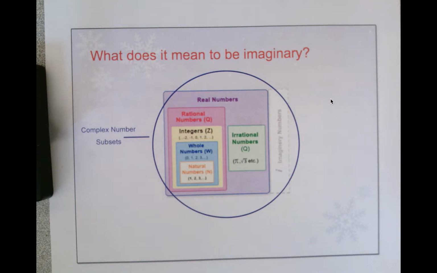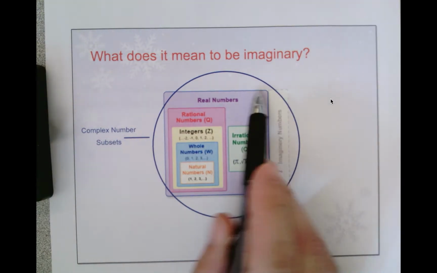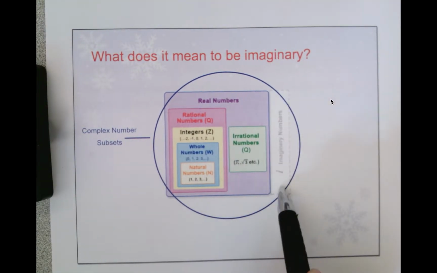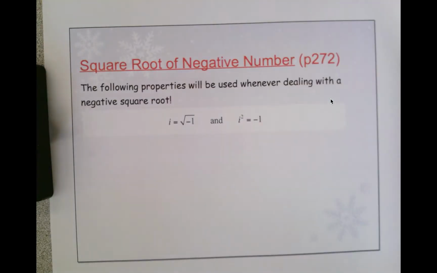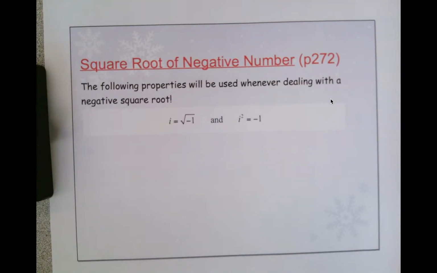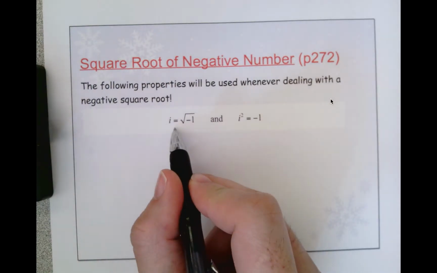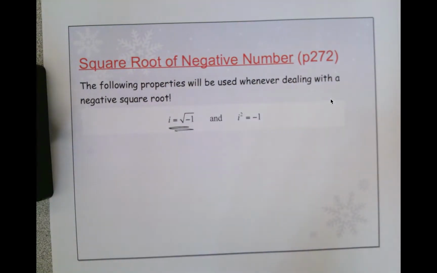It's really there. It's like 0i, but they don't have that square root of -1, which you've been shown in that previous video. So there's a whole subset of real numbers, and then we have this little area over here for our imaginary numbers. What those numbers have, just like you'd seen in the last video, this is going to be key, understanding that i is defined as the square root of -1.